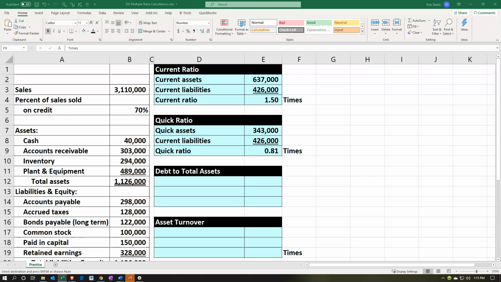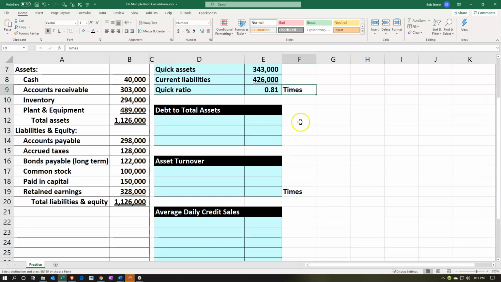Okay, so then we're going to take a look at the debt to total assets. We're going to be comparing the debt to total assets. So remember the accounting equation as you think of this, which is assets equal liabilities plus equity, which you can also write as assets minus liabilities equals equity.